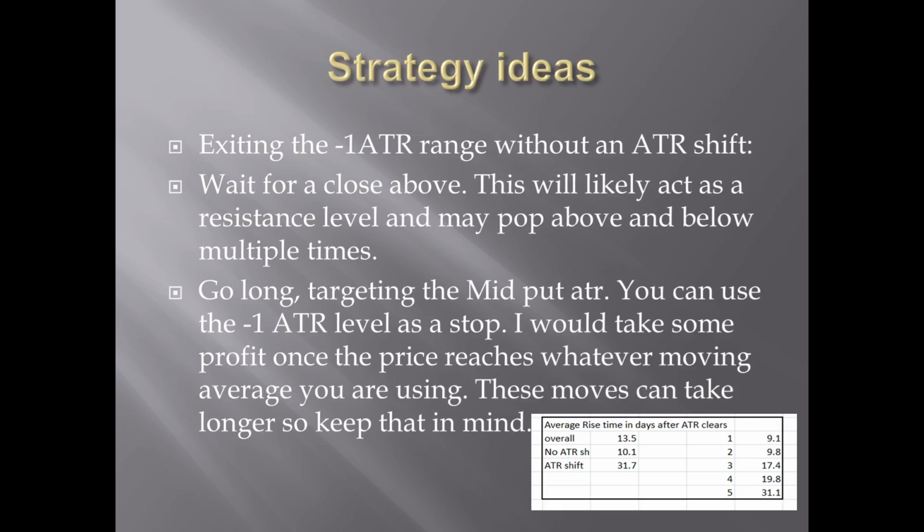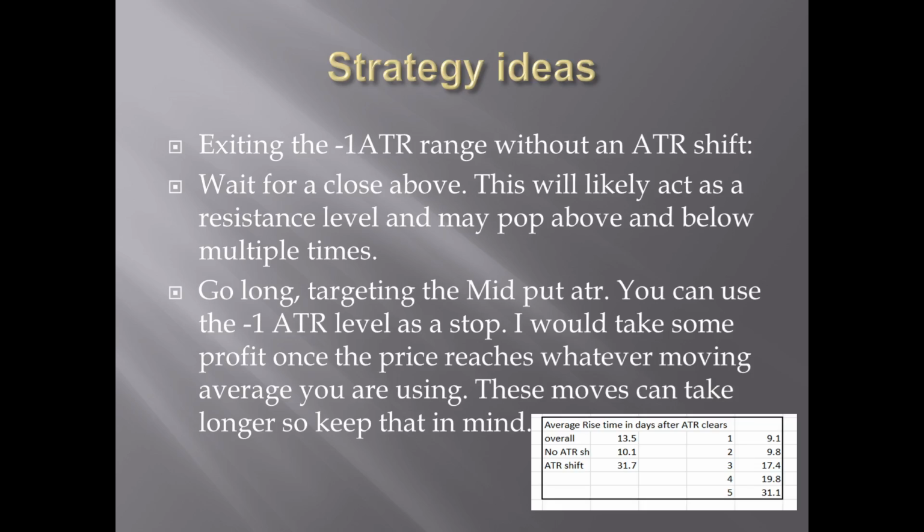So I don't suggest going long until you have a close above. You'll avoid getting a lot of the fake outs that you might have seen along the way, right? Again, once you've got your close, go long. I would target your mid-put ATR level, and then you could use that -1 ATR, maybe a little below it, as a stop, right?